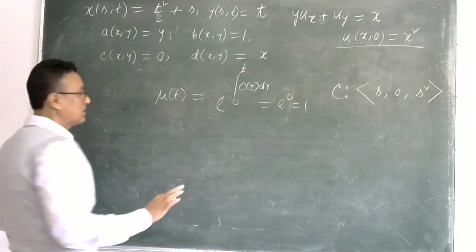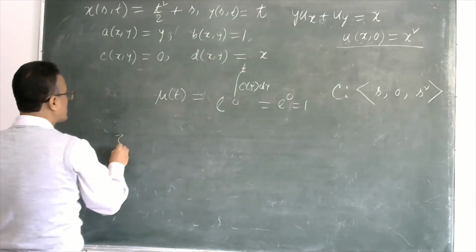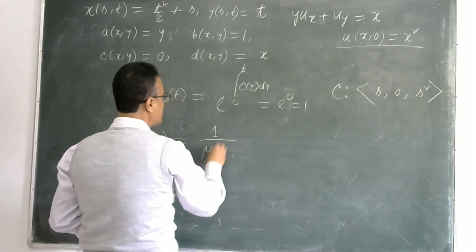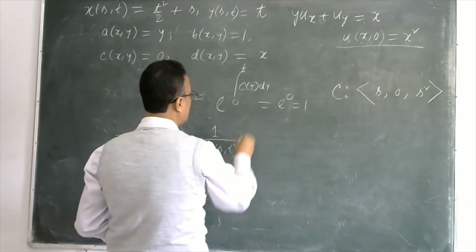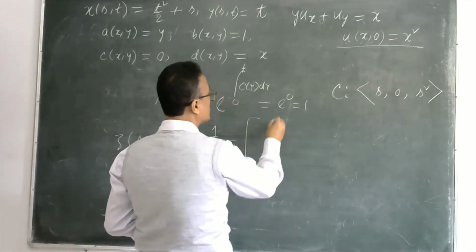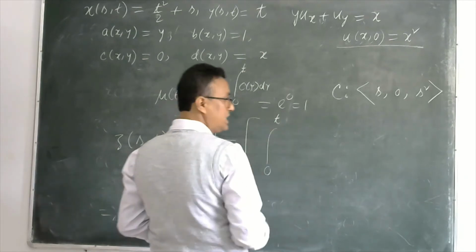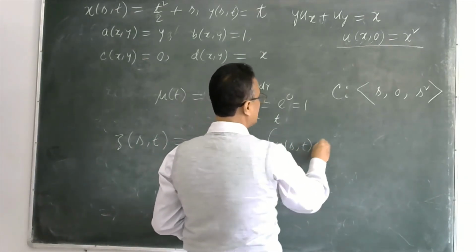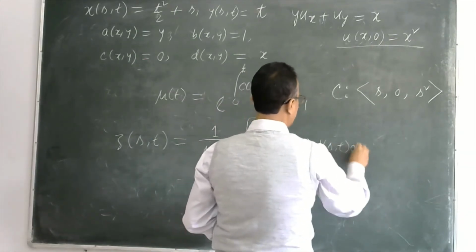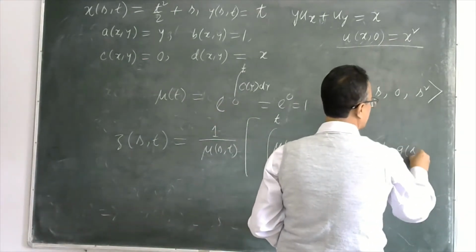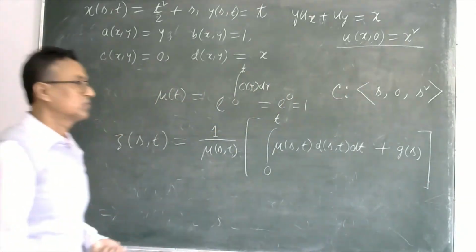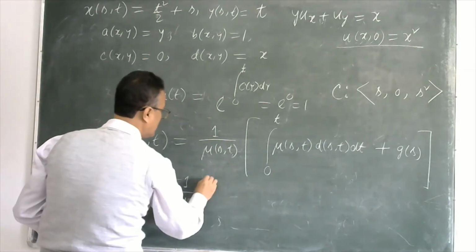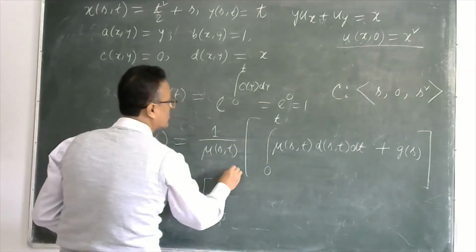Clear? Okay. So now you recall J(s,t). This was 1 by mu(s,t), right? Then the integral from 0 to t of mu(s,t) d(s,t) dt plus g(s), if you recall. Fine? And this is already 1, mu(s,t) is 1, and the integral is from 0 to t.